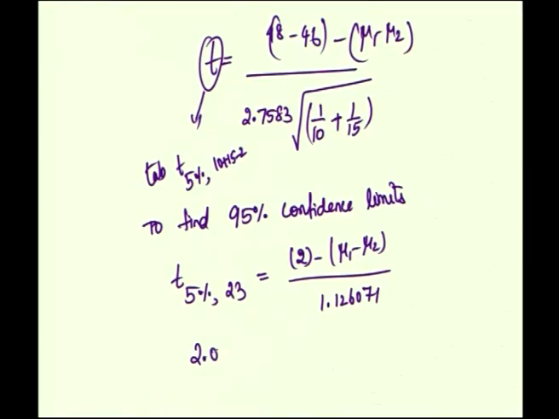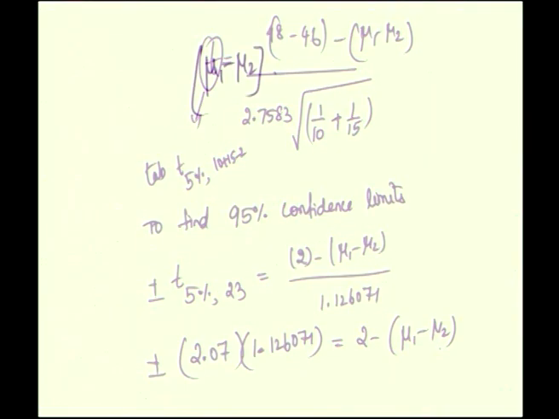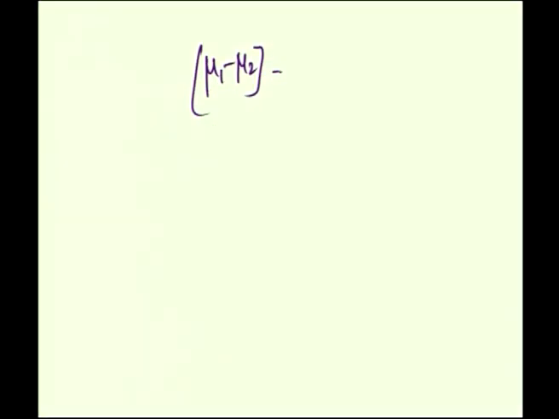So, 2.07 into 1.126071. Here you are having plus or minus because of the modulus, is equal to 2 minus of mu 1 minus mu 2. So, therefore, mu 1 minus mu 2 is equal to 2 plus or minus 2.32984. Okay.